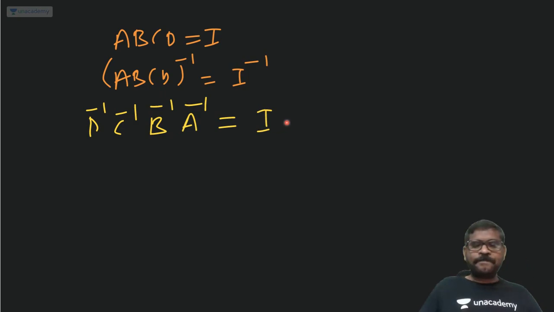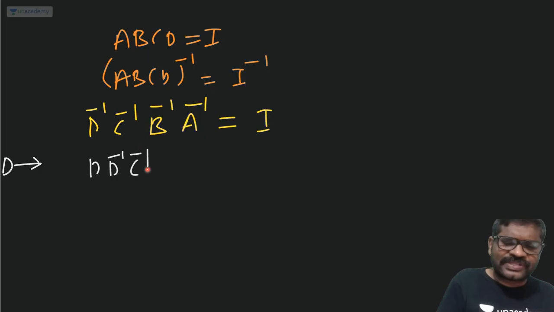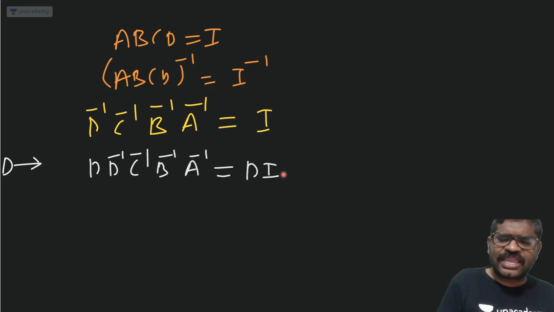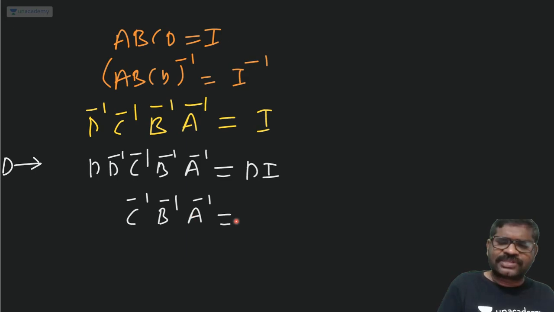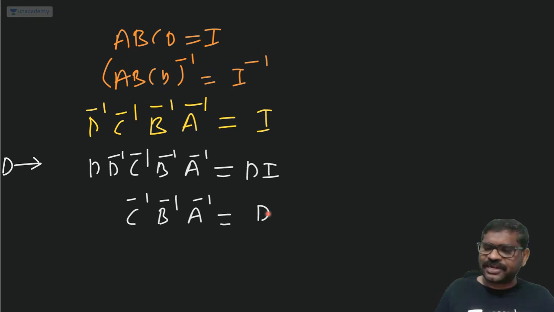Now multiply this equation with D from the left. D into D inverse, C inverse, B inverse, A inverse equals DI. D into D inverse is I, so I into C inverse into B inverse into A inverse equals D into I, which is D. Understood?